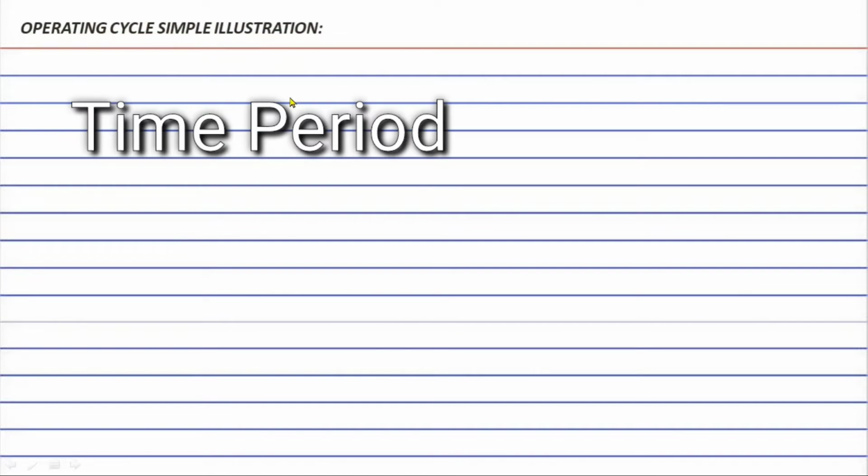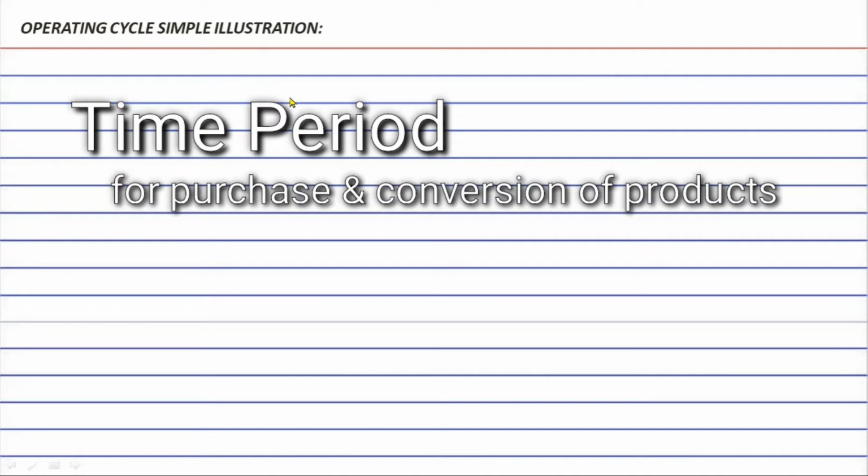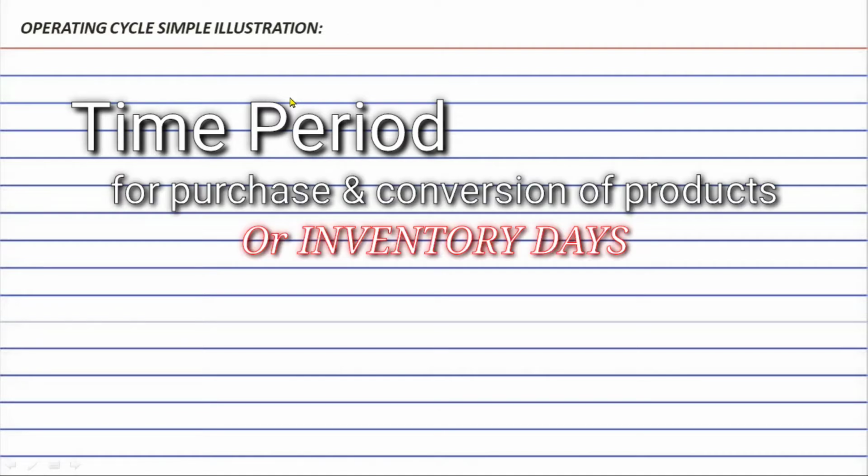So, what is an operating cycle? Answer, it is a time period which starts from the moment you have cash and you use the cash to purchase inventory if you are a merchandising entity, and raw materials if you are a manufacturing entity. It also covers the conversion of such raw materials to finished products.